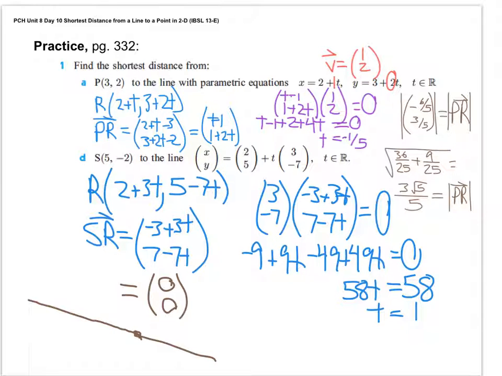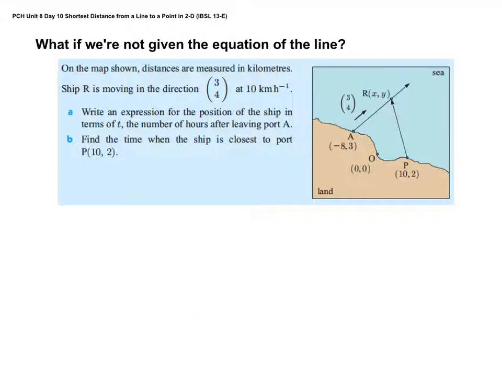All right, so finally, the other case that we've got here is, what if we're not given the equation of the line that something is moving on? In this case, we have a ship. Ship R is moving in the direction 3, 4 at 10 kilometers per hour.